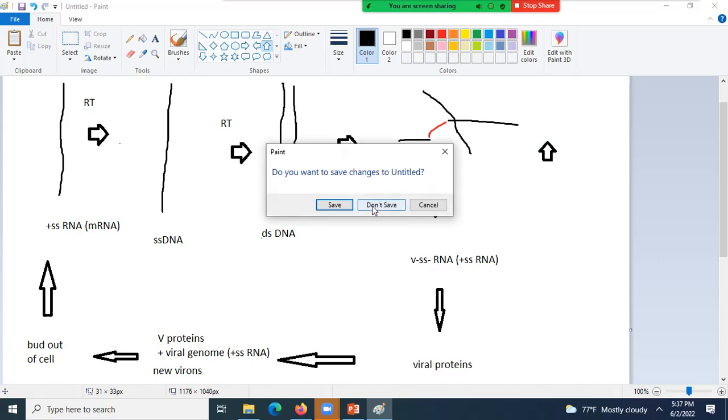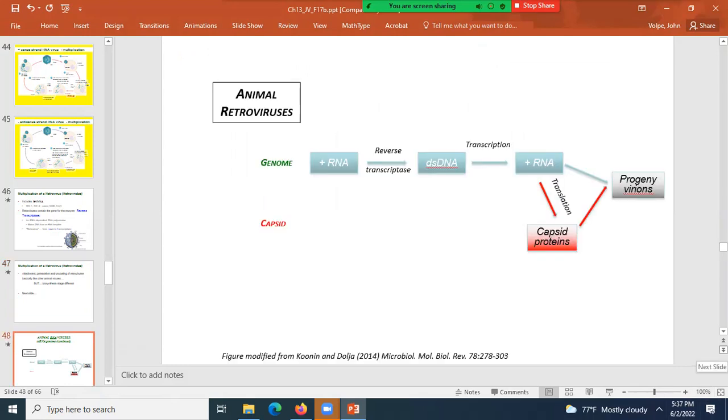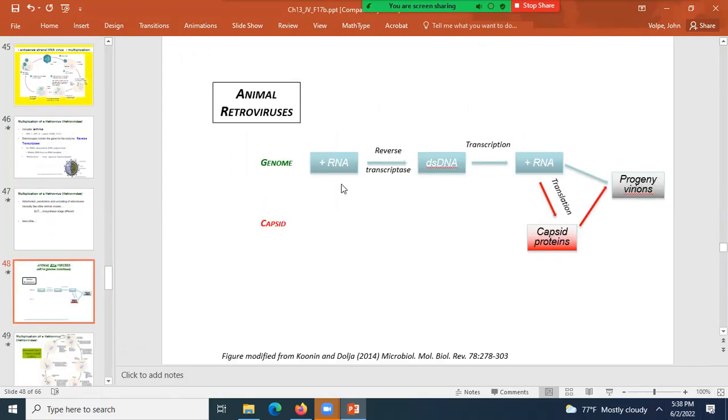All right, let's close that and move on to the next slide. I've already mentioned that retroviruses are positive single-strand RNA that contain reverse transcriptase. And first it makes single-strand DNA, and then the reverse transcriptase makes double-strand DNA.